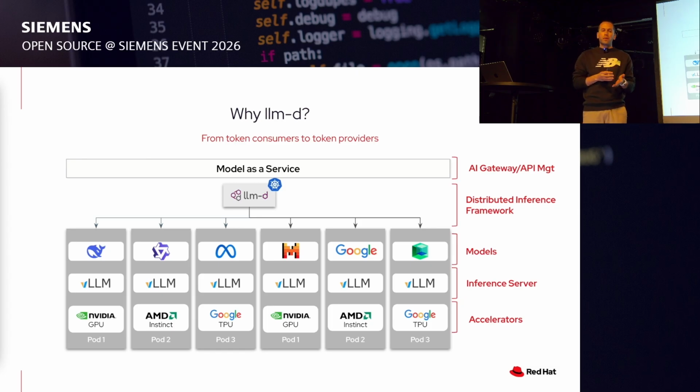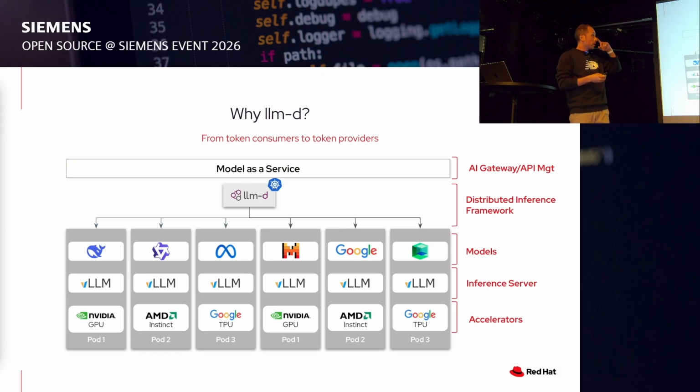What we want to do with llm-d is to enable organizations to move from being token consumers to token providers, or producers. Still, because we want to avoid this vendor lock-in, we want organizations to be able to host their own AI, to have ownership over what they serve and how they use their models.